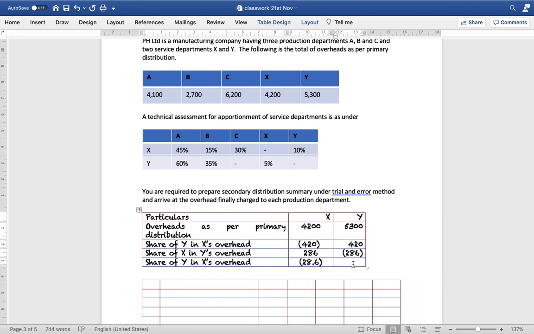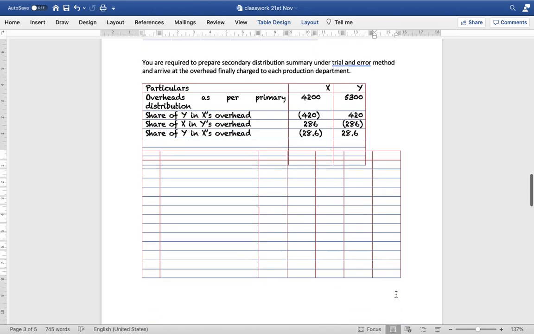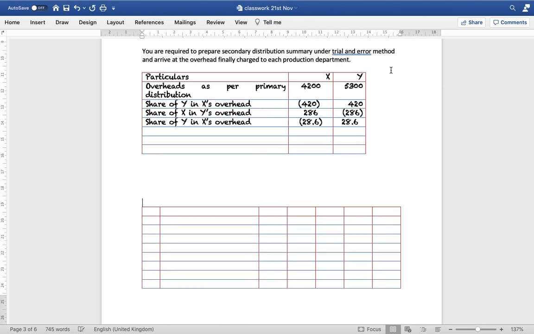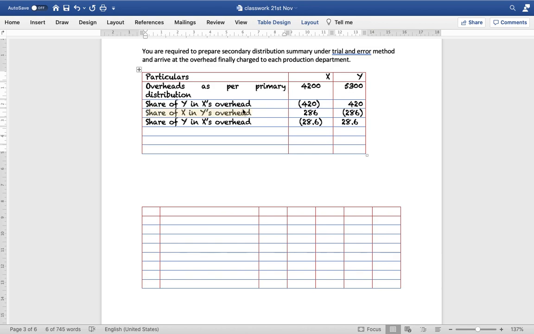So 28.6 goes to Y. Next, share of X in Y's overhead.